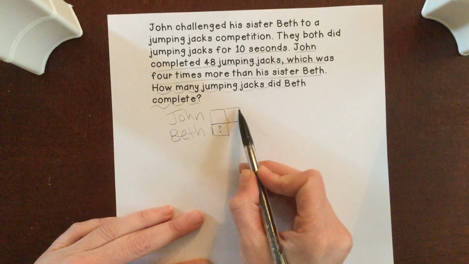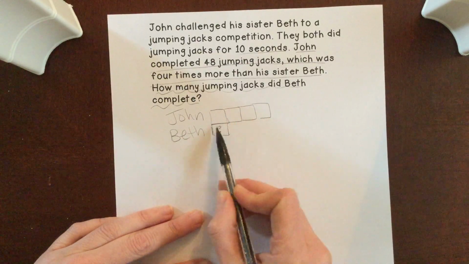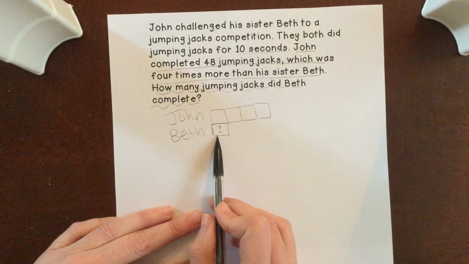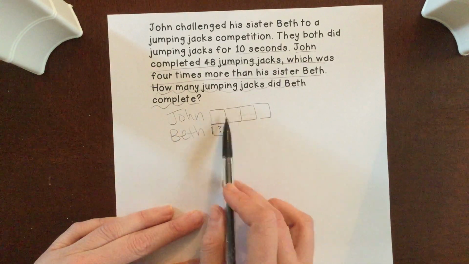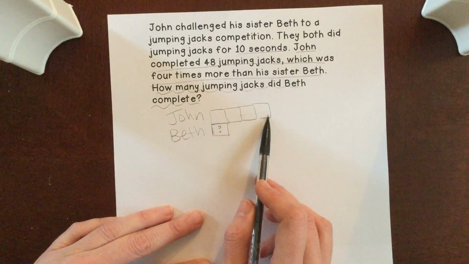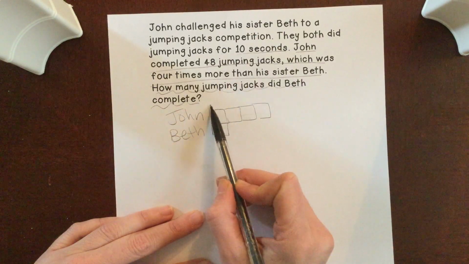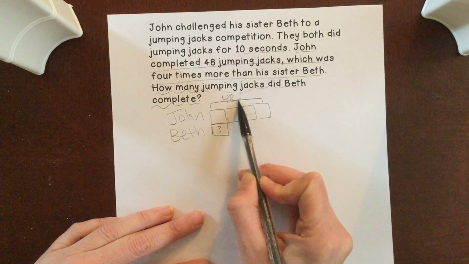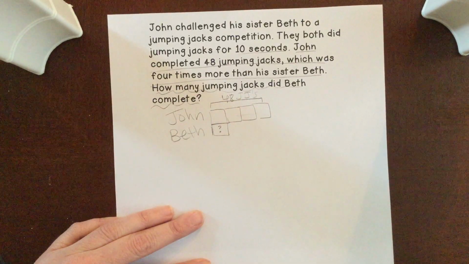So the model that I'm going to create is a model that's 4 times bigger than Beth's model. Here's Beth's model, and John's model is 4 times as big. 1, 2, 3, 4.